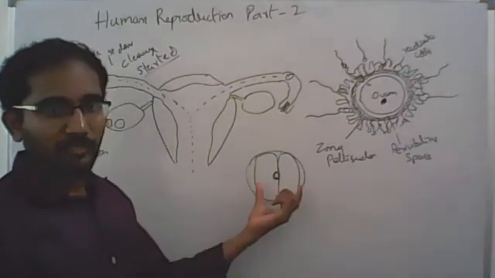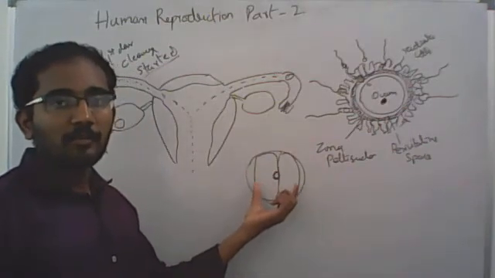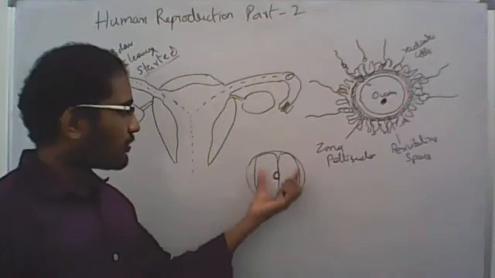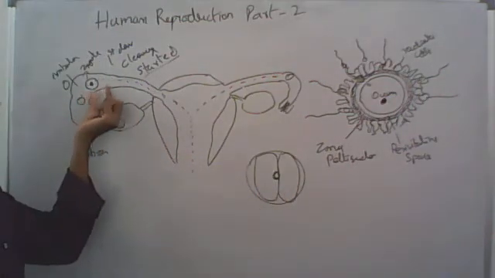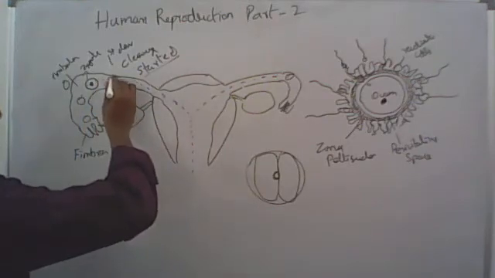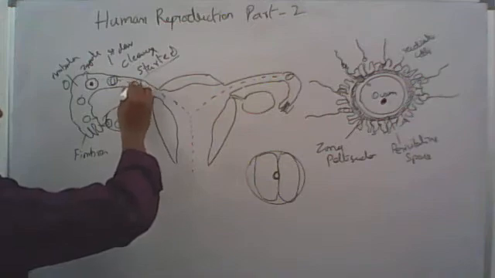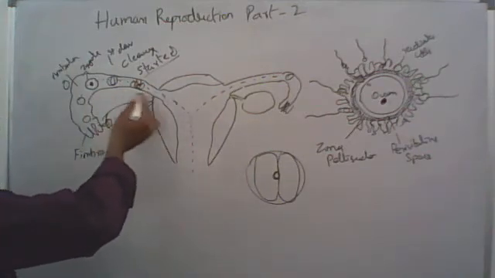Now it is a two cell formation. So now your one cell is cleaved and has formed two cells. After the zygote, the cell keeps cleaving, forming a two cell stage and then a four cell stage. Now you cannot call this a zygote.